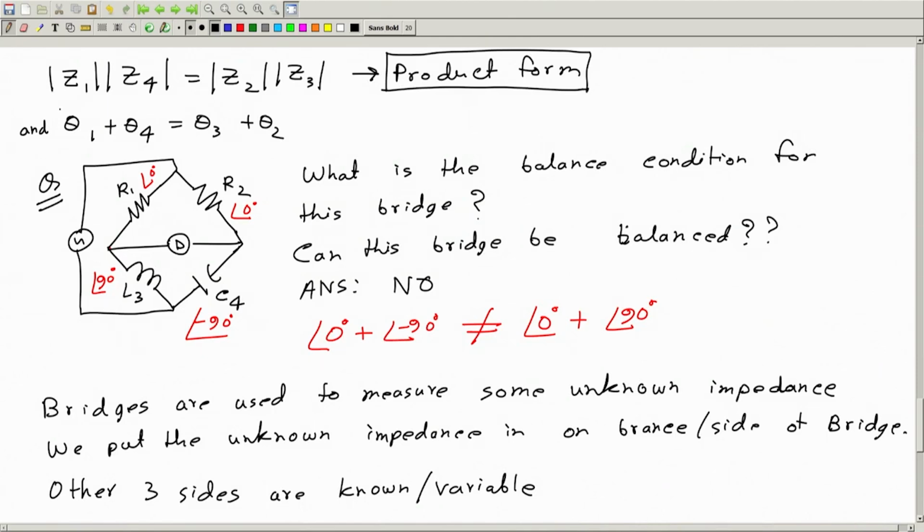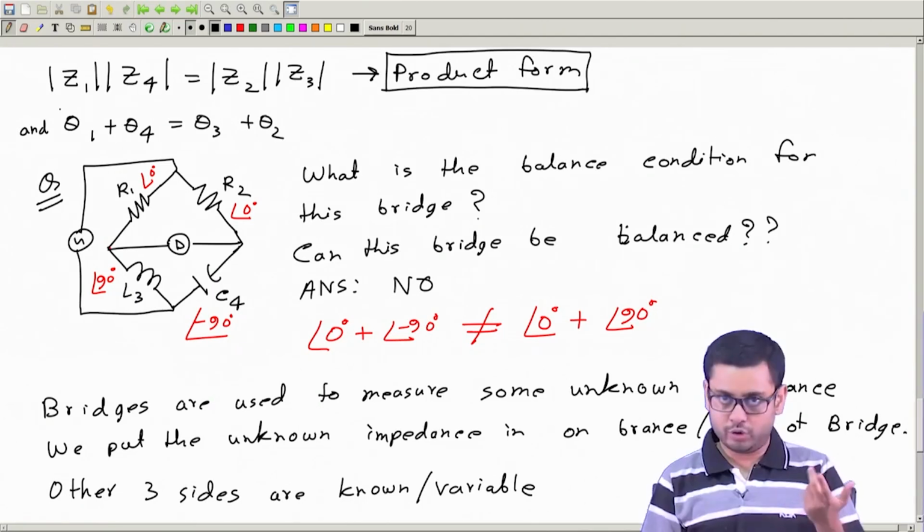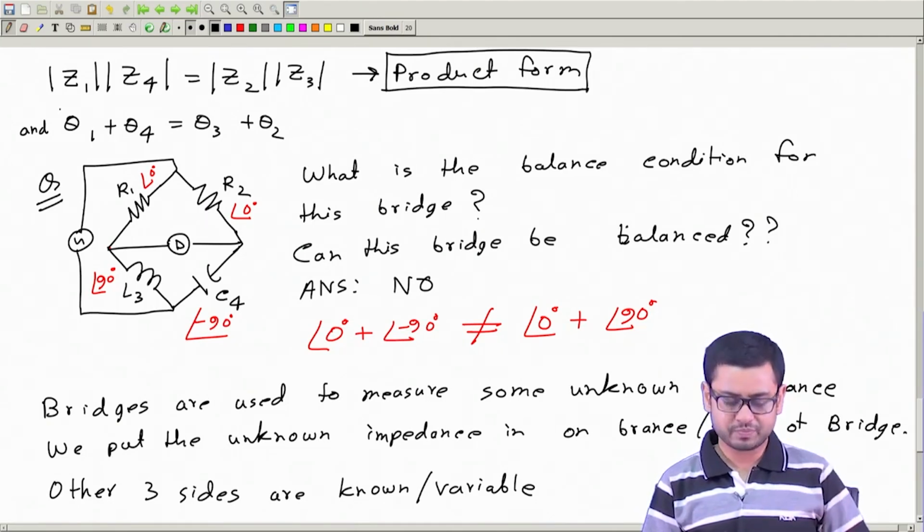So, we can find the unknown one. Now, in general, our task in electrical measurement will be, given an unknown impedance, to configure or design a bridge with one unknown, of course, and three known and variable branches, to find the balance condition.